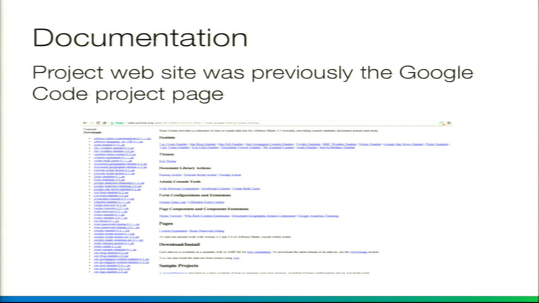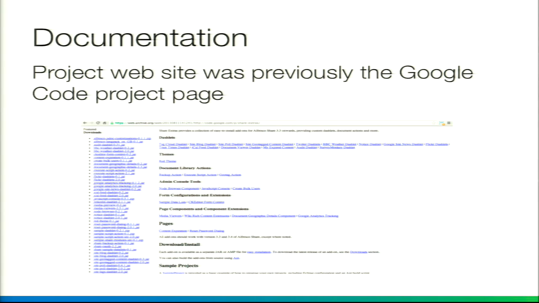Documentation, that's a huge area in projects and one that's often overlooked. I was trying to find a screenshot of the Share Extras project site last night, and I couldn't find one anywhere. So I went to the Wayback Machine, archive.org, and I dug out a copy from, if I can read that, I think August this year, of the main project site.